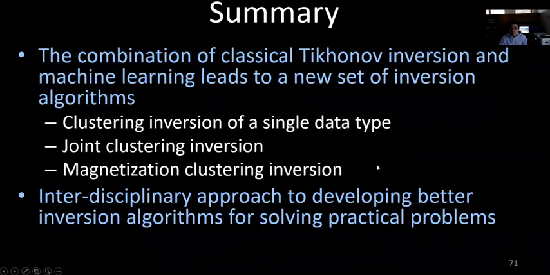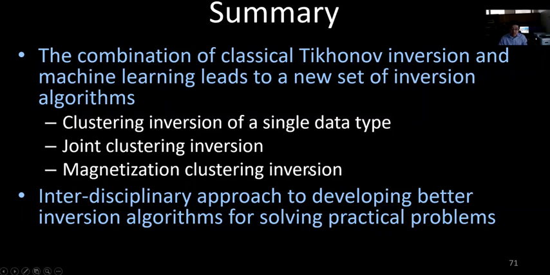So, a quick summary. What I've presented here is that we have developed a new set of inversion algorithms by combining classical Tikhonov regularization inversion and machine learning, in this case unsupervised machine learning. I showed you 3 different inversion algorithms: cluster inversion of a single data type, joint cluster inversion for multiple data types, and cluster inversion applied to magnetic data for solving the remanence problem.